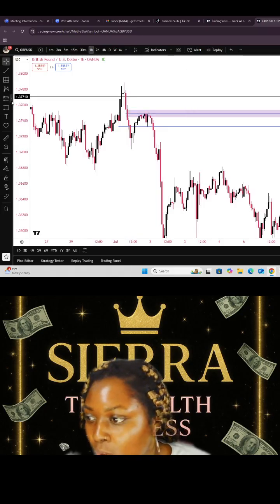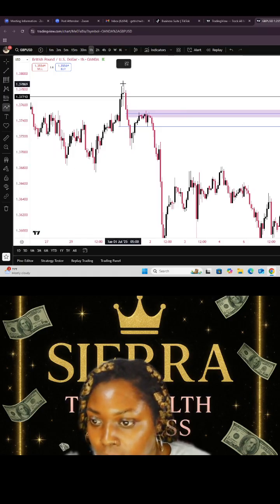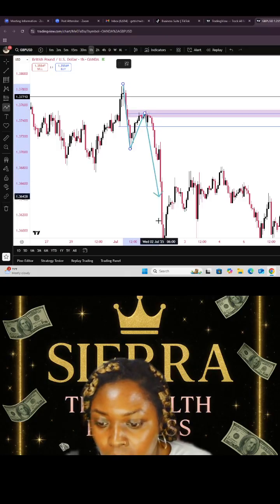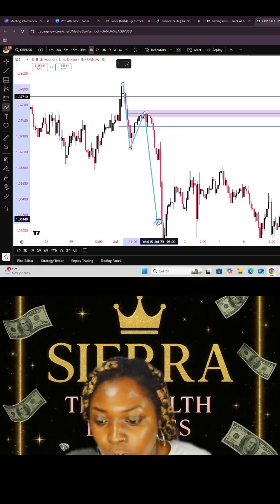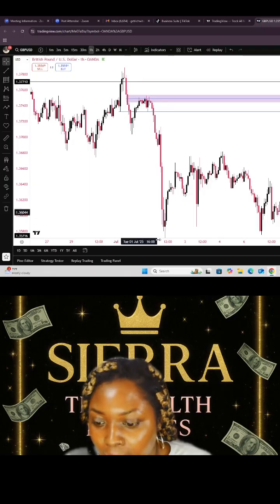Because remember, you want price to look like this. You always want to get in on a pullback to catch continuation. So if you don't get that little hump, that little pullback, that pullback is your entry. Price came back to my fair value gap.